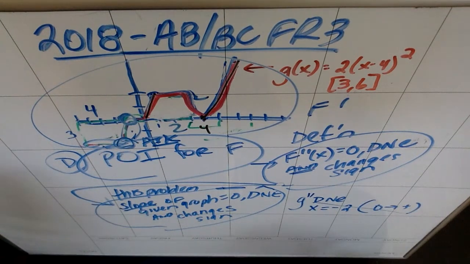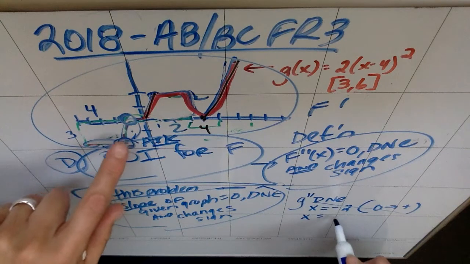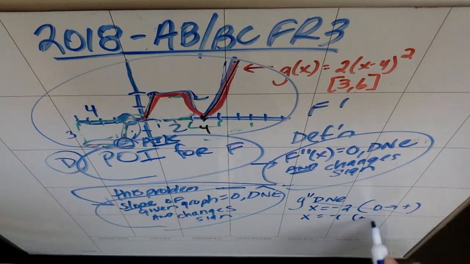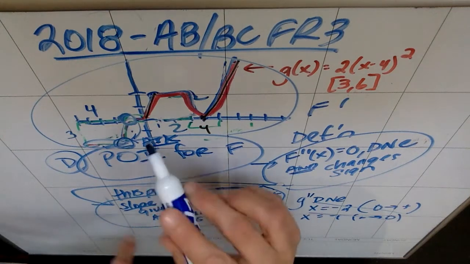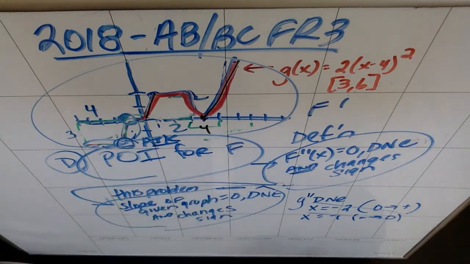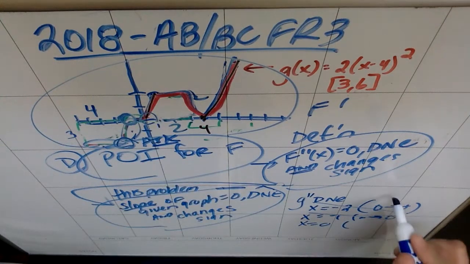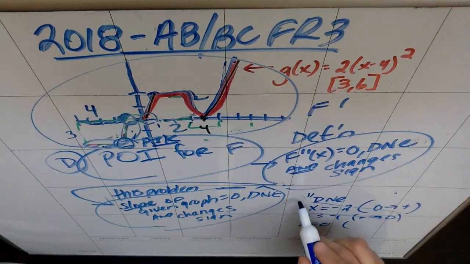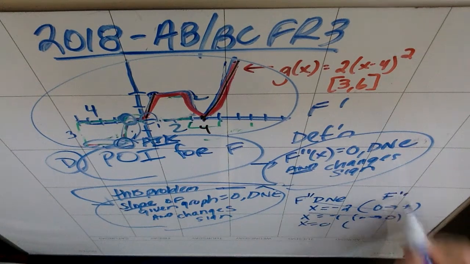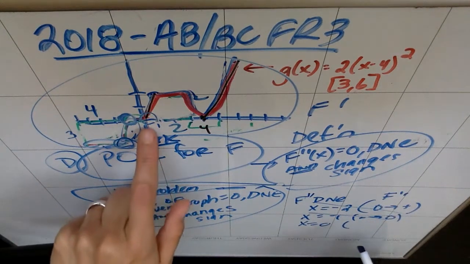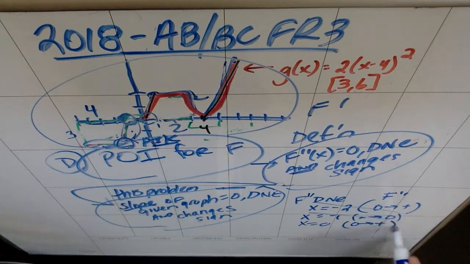At x equals -1, I switch from positive to 0, which is not a sign change. I need to switch from positive to negative or negative to positive. At x equals 0, I have another pointy thing, but again, sorry, it wasn't g double prime, it was f double prime. My f double prime switches at 0 from 0 to positive, again, not a sign change.